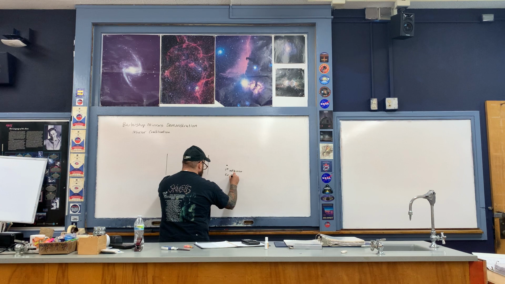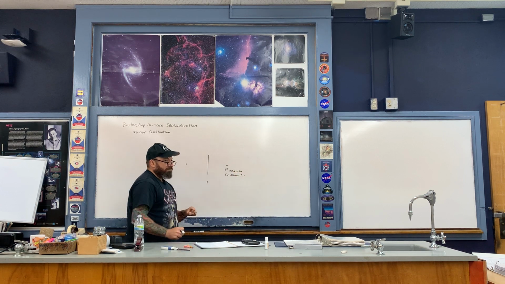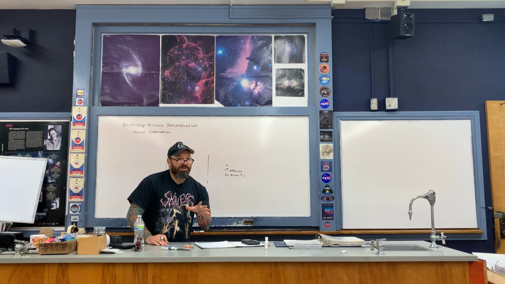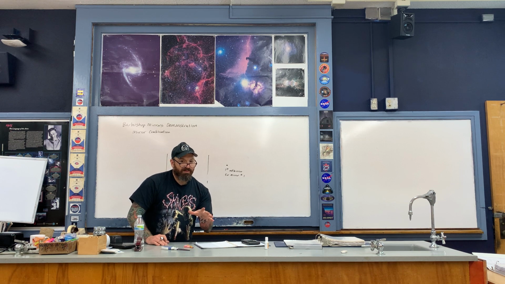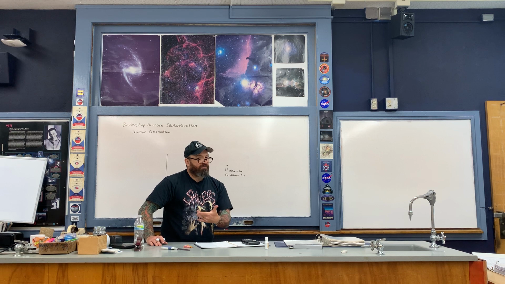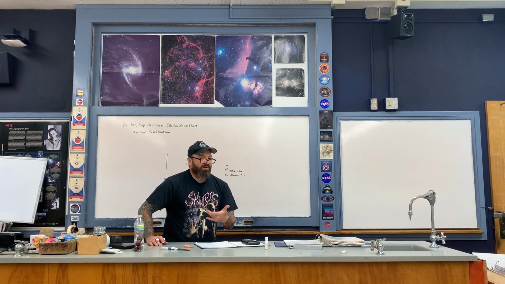for mirror number 1. Okay, now here's where it gets a little tricky. Where does that reflection form for the second mirror? Well, the basic idea behind a mirror combination is as follows. The image for the first mirror becomes the object for the second mirror.